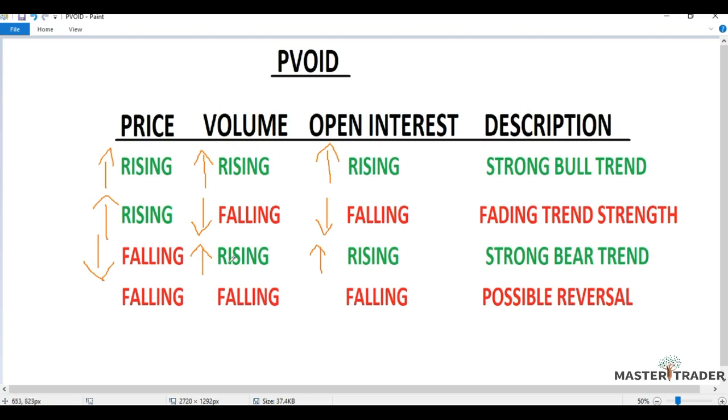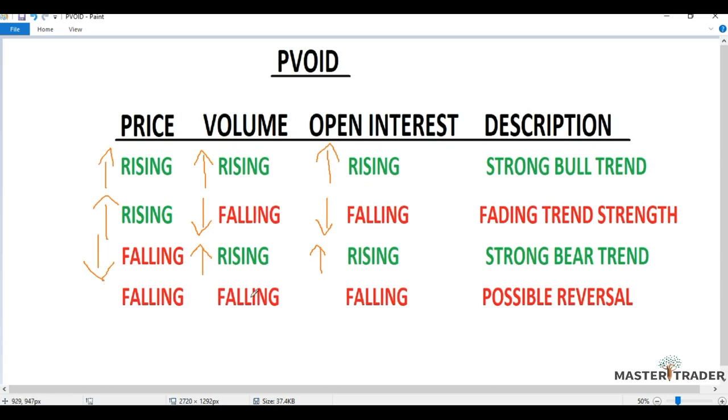So if a stock is in a nice downtrend with increasing volumes and increasing open interest, that indicates a strong bear trend. It means the sellers are strong in that instrument and the probability of it going even lower is stronger. So if we identify such an instrument, we can look to take a short position for the next few days, until the data suggests something else.